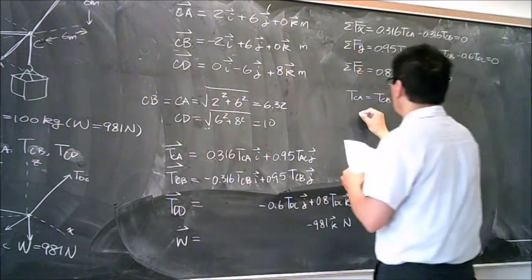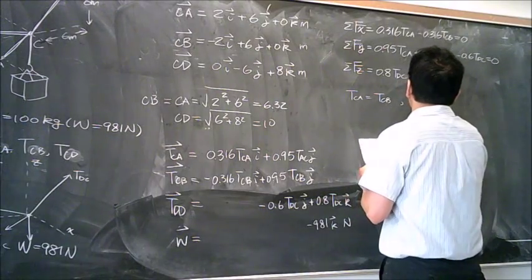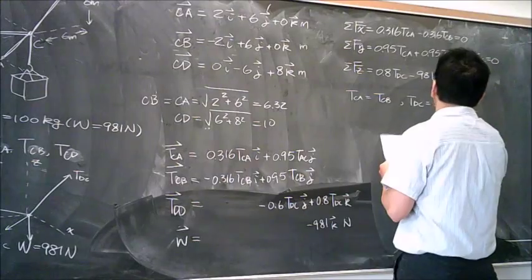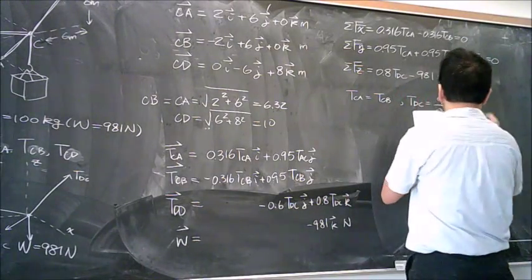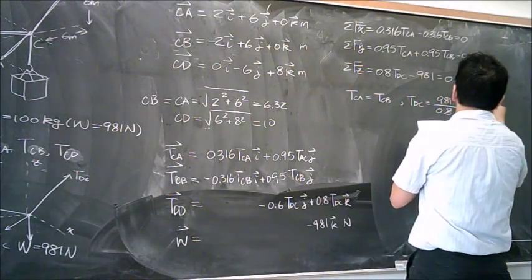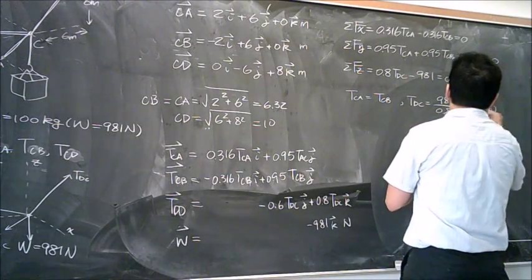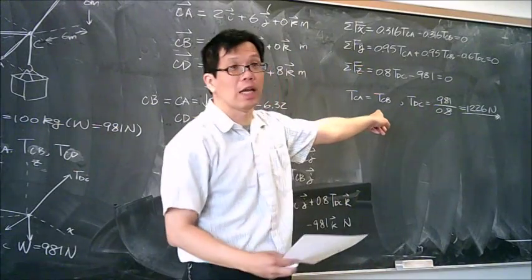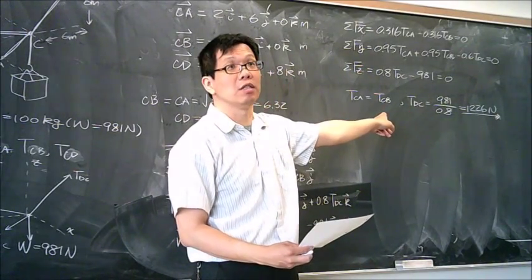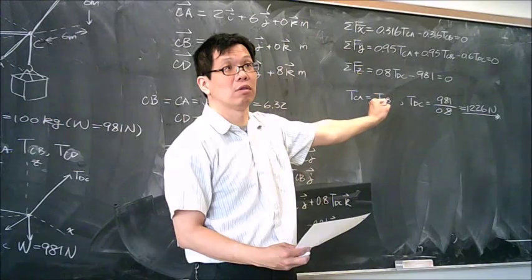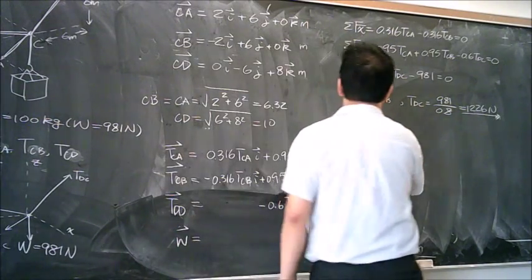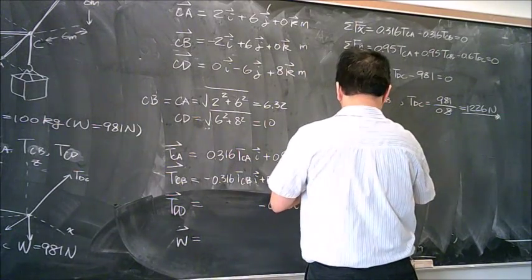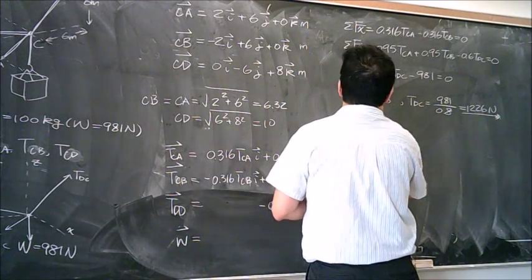So if you do that, you're going to find TDC equals 981 divided by 0.8, which is going to give me 1226.6 Newton for my cable line of TDC. That's my first answer. For the second answer, I can just plug everything here.